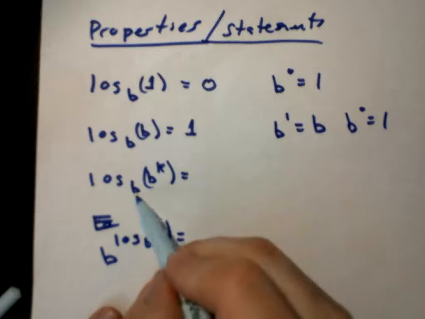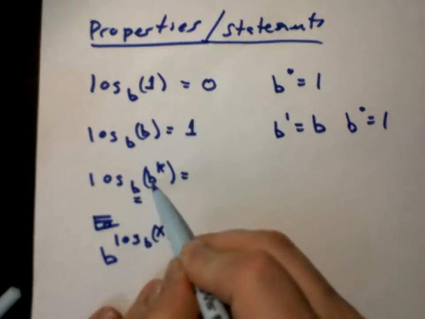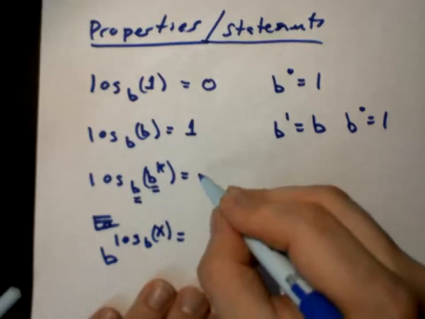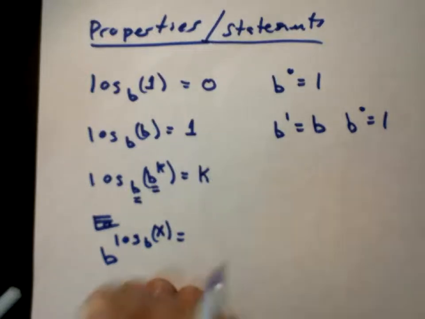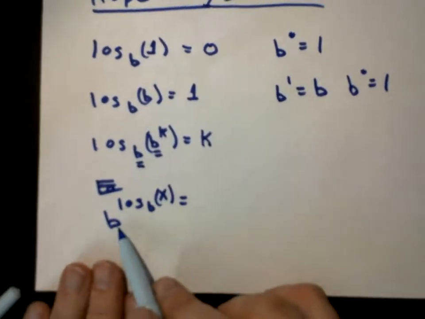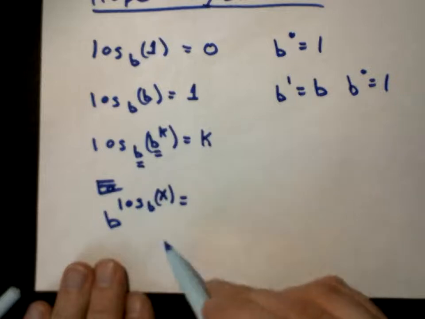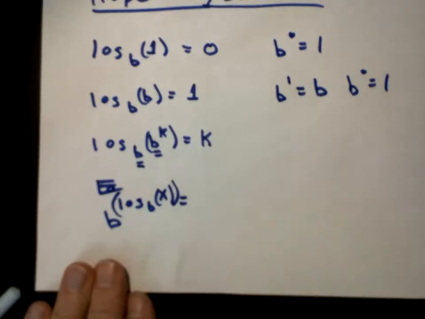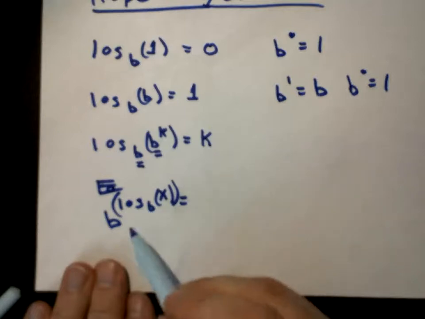The next one, log base b of b to the k. Well, since these two are the same, the k says I get to be left alone. They almost cancel out. Then the last one says I have b raised to the log base b of x.